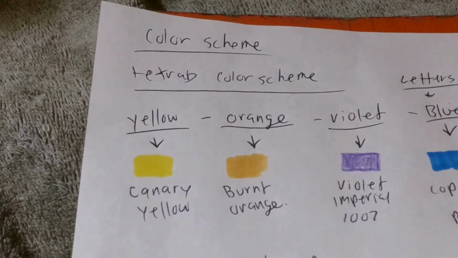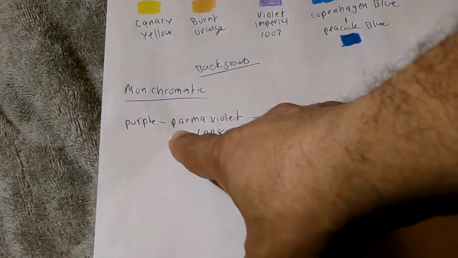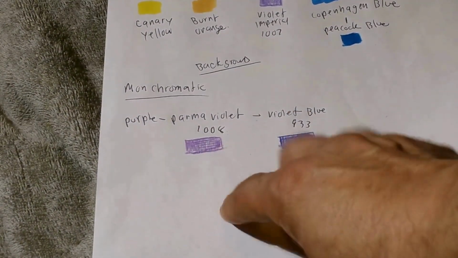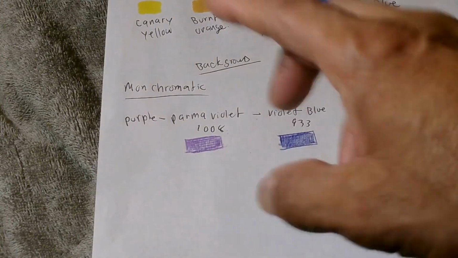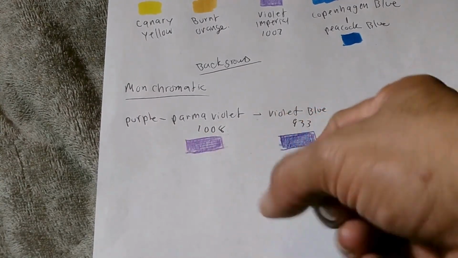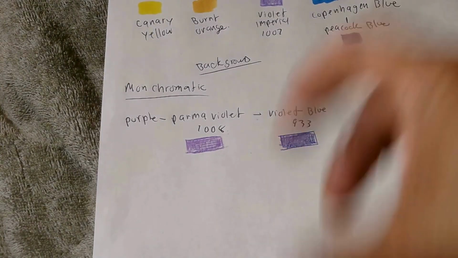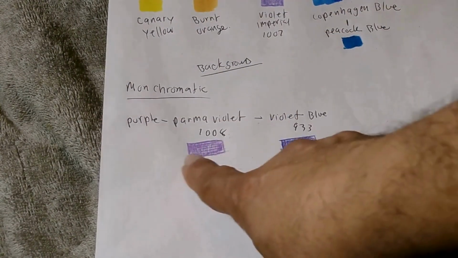So as we go down, over here for the background, it will be a monochromatic color scheme. So there are two color schemes I chose. Monochromatic means you take one color, from the lightest color to the darkest, a darker value, right? So I decided to use purple.